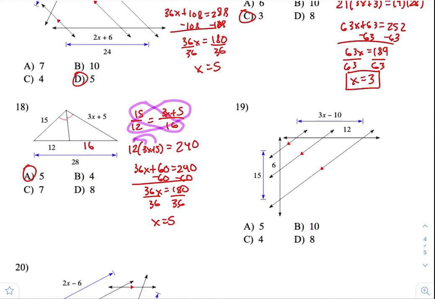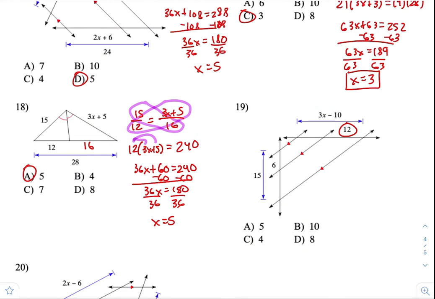Number 19. So one thing I'm noticing is if you did 6 over 15, that means you would need this one over that one. Or if you did 12 over 3x minus 10, then you would need this one over that one.